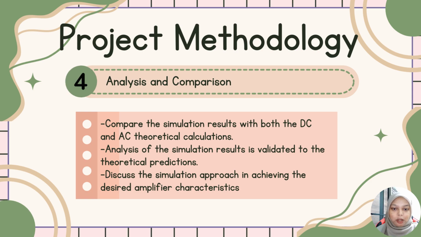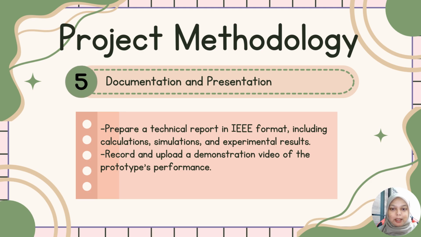Discuss the simulation approach in achieving the desired amplifier characteristic. And last step for project methodology is documentation and presentation. Prepare a technical report in IEEE format, including calculation, simulation, and experimental result. Record and upload a demonstration video of the prototype's performance.